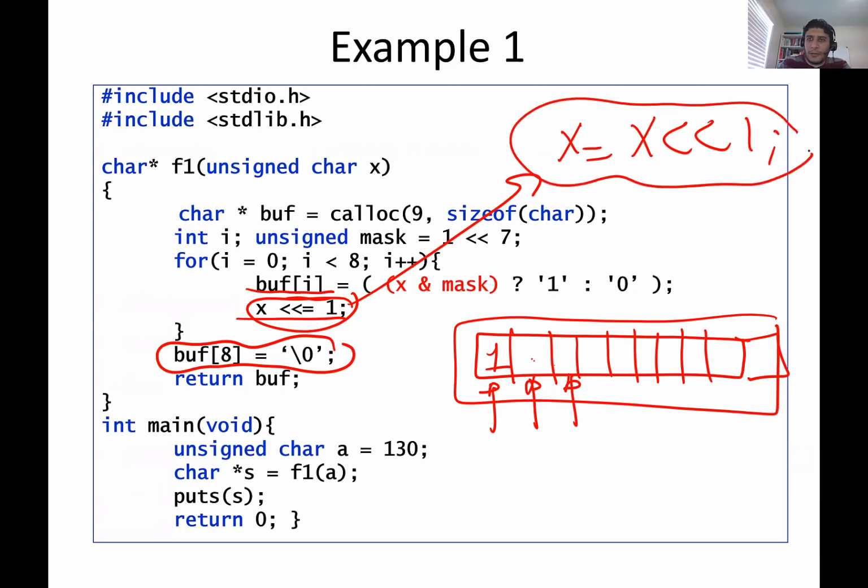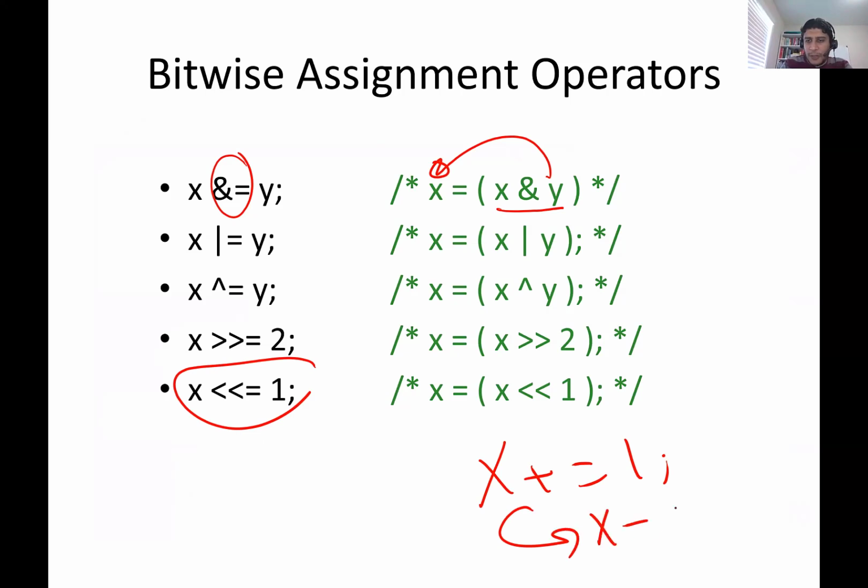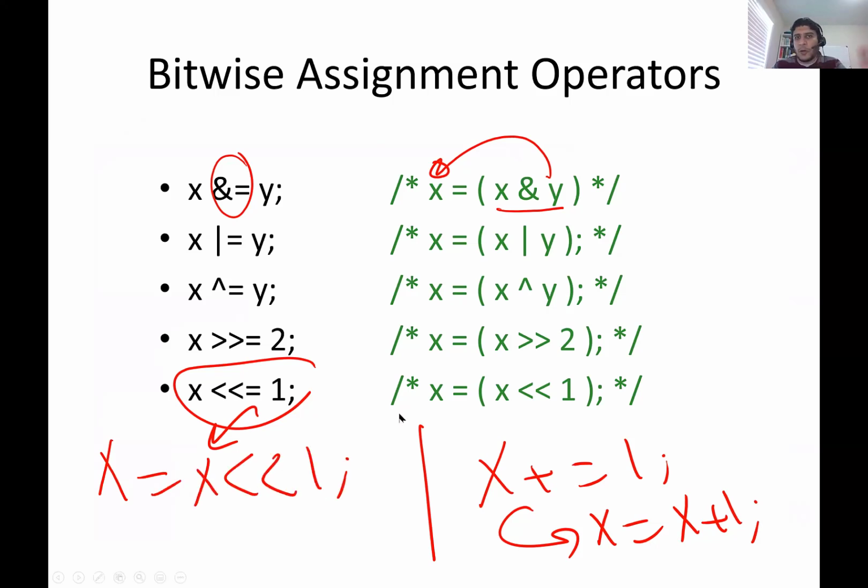If you go back in the slides, we said you can do this similar to X plus equals one, which is completely equivalent to X equals X plus one. The same thing: doing this is equivalent to saying X equals X shifted to the left by one. It's usually called an assignment and operation expression. You combine both together just for simplicity. If you are confused, you can just write it in the long format. Okay, is there any question?